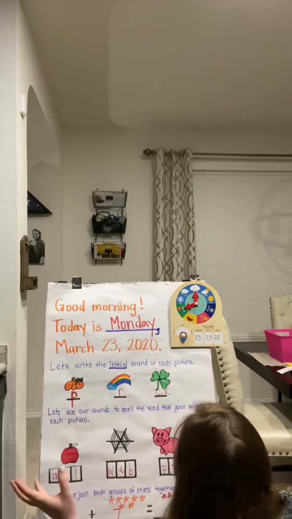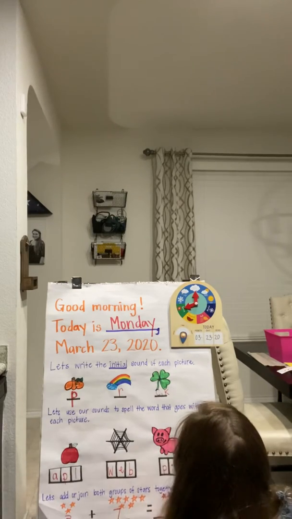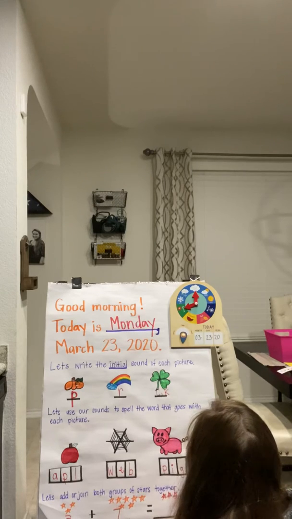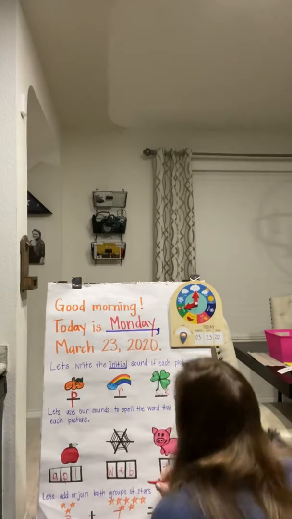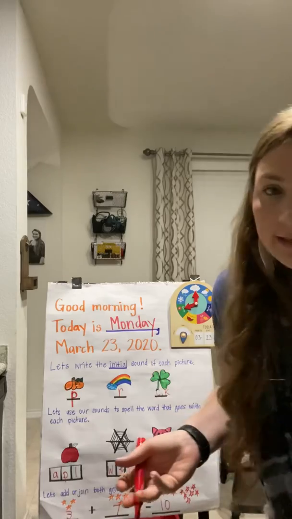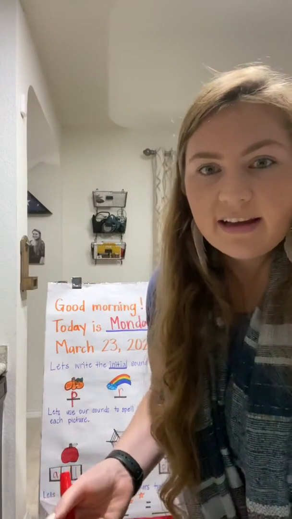So now when I count them all together, I have 1, 2, 3, 4, 5, 6, 7, 8, 9, 10. 10. There are 10 stars. See, wasn't that nice and easy for you? I know that all of you guys did great on this part.